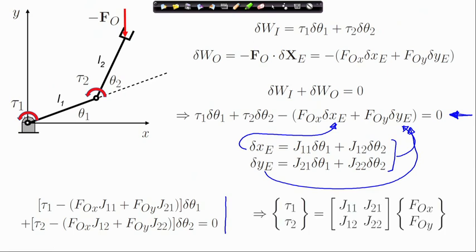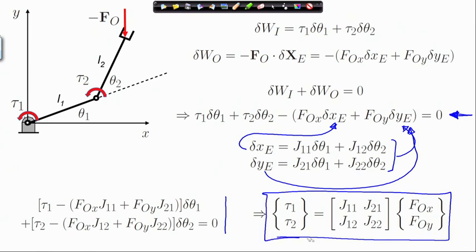And finally, when we assemble, we obtain this relation between the joint torques on one hand and the output forces on the other. These are the joint torques and these are the forces at the end effector. Remember that minus F_o is the reaction force.